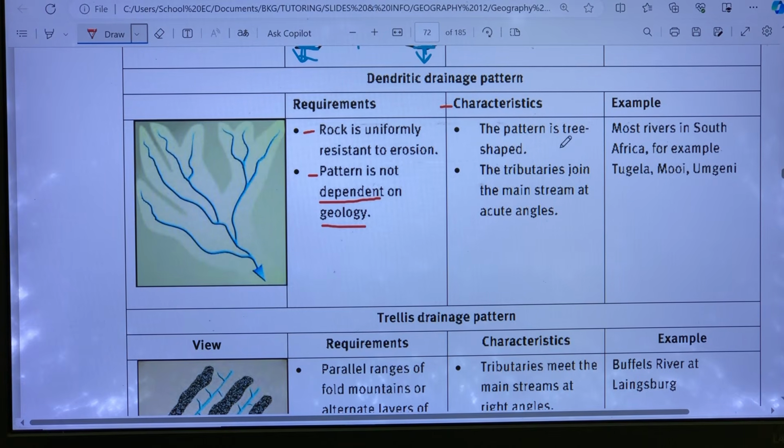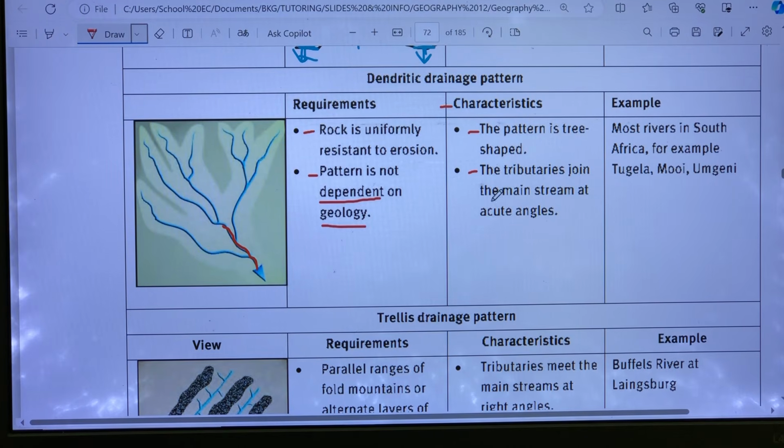So it's tree-like. These are small branches as tributaries, primary tributaries as well as secondary tributaries joining other tributaries, and this is the main branch of a tree. You can clearly see it's a tree-like dendritic pattern. All right, hope you understand that.